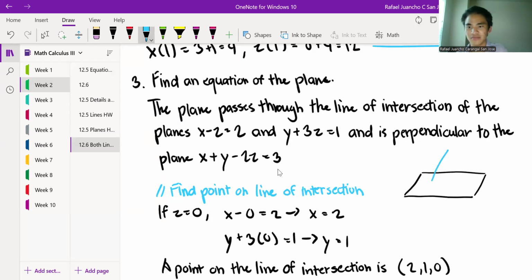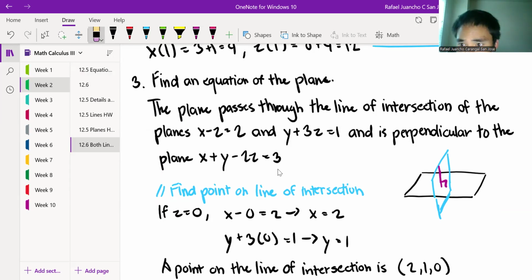This is the other plane. I can't draw. Then this is perpendicular. So we can just get the normal.